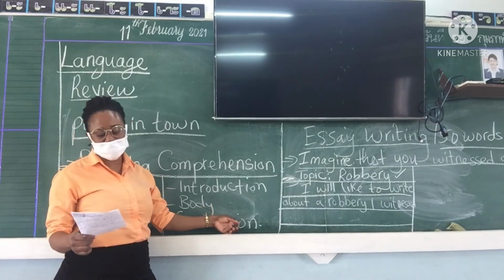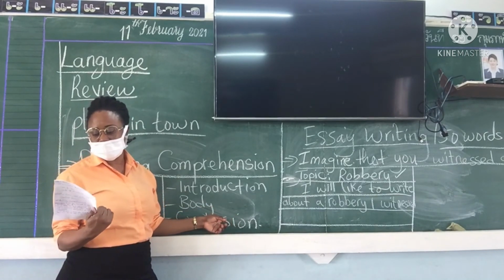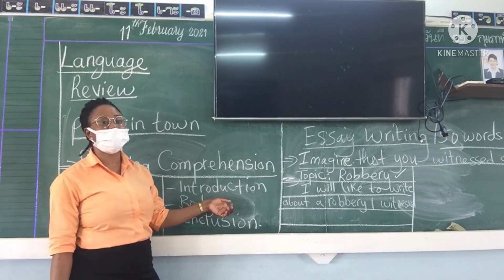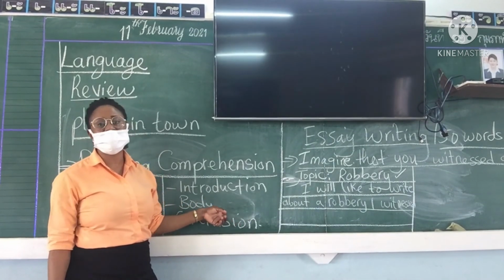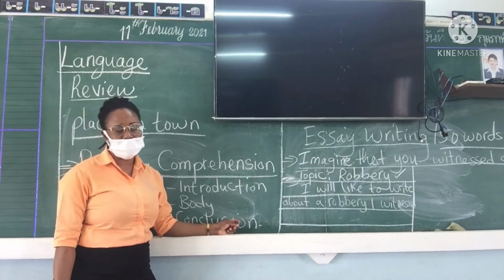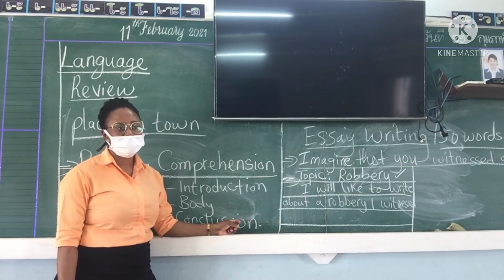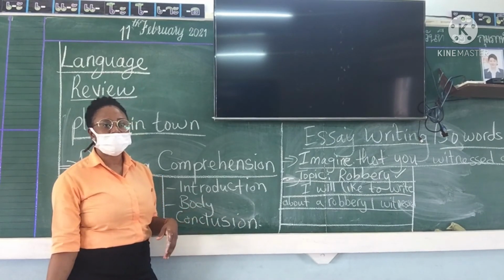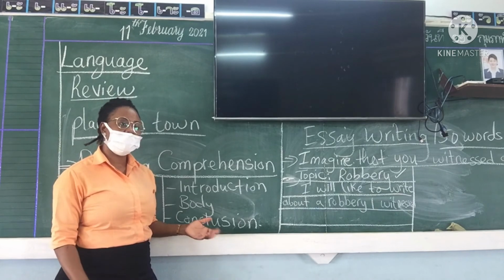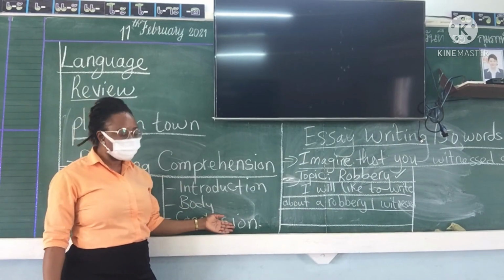But in the conclusion, what would you write? Was the robber taken to jail? Or did they escape? Did the robbers escape? Were they taken to jail? That will be your conclusion.